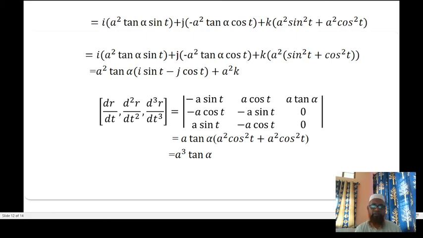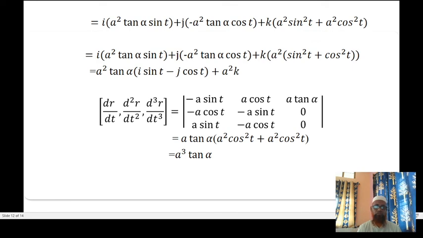The first term is 0, the second term is also 0, only a tan alpha into minus into minus plus a² cos² t plus a² sin² t. Taking a² common, cos² t plus sin² t is 1.